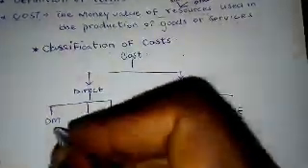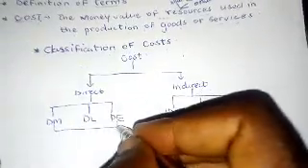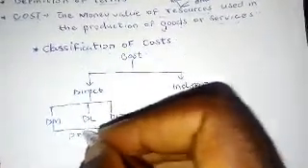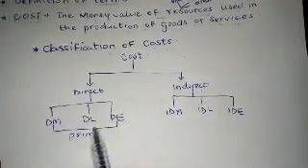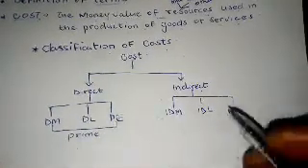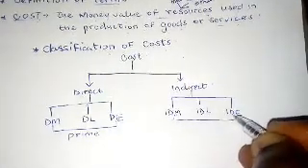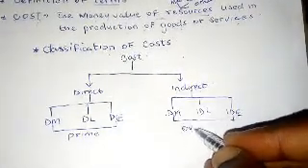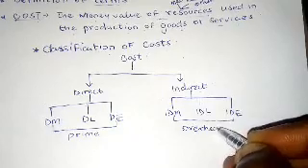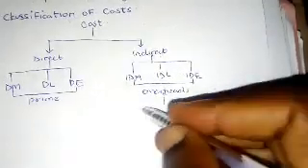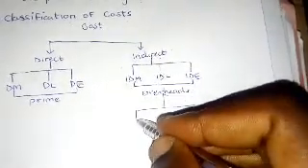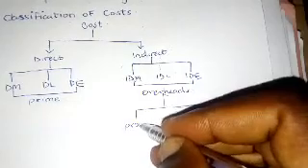The addition of these three direct costs is called prime cost. The addition of indirect costs is called overheads.